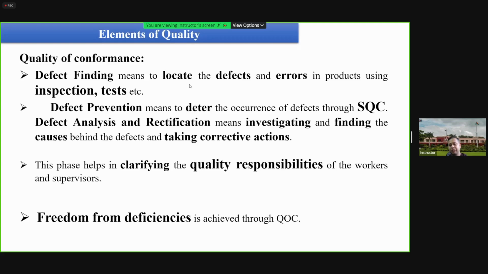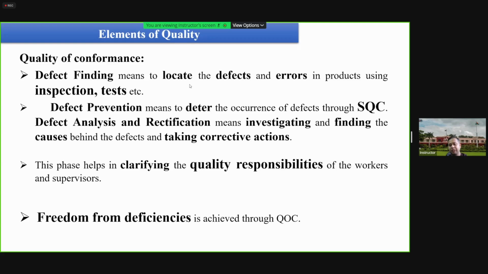There can be certain factors that impact the quality of conformance that might not allow us to achieve the target of freedom from deficiencies. One thing that can be impacting here is the selection of the processes that we have chosen for producing the product. Design can be a problem. The performance of machinery and materials can be a problem.